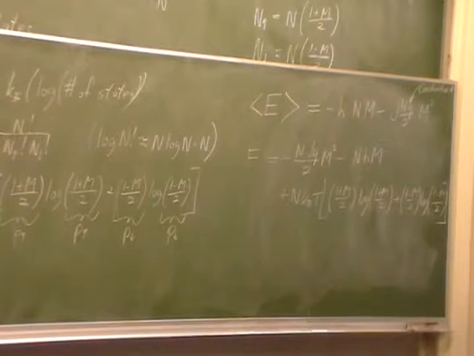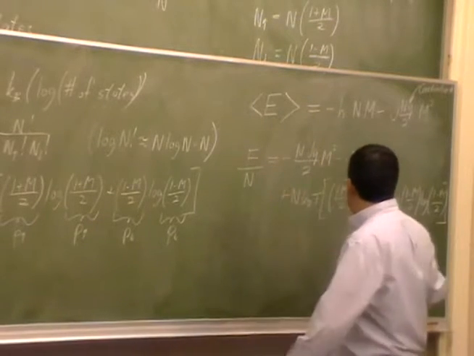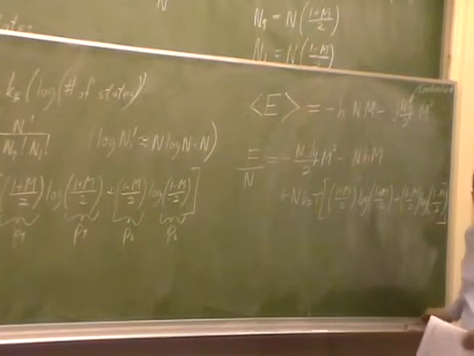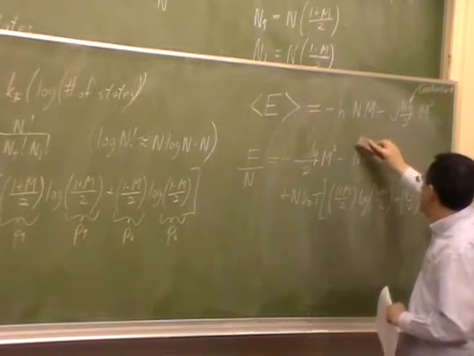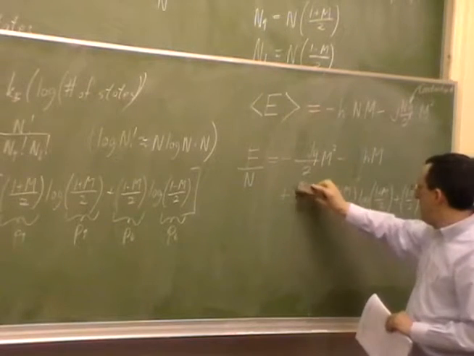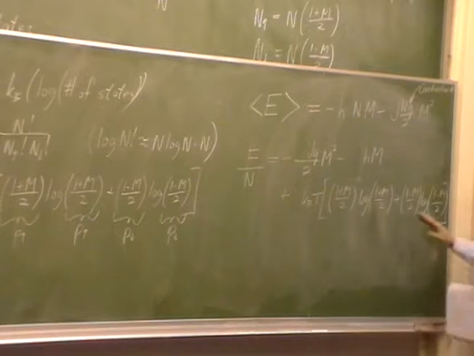If I want to make things look simpler, I could divide out N, because every term here is proportional to the number of sites. And indeed, the free energy should be proportional to the number of sites. So here's a nice expression for the free energy.